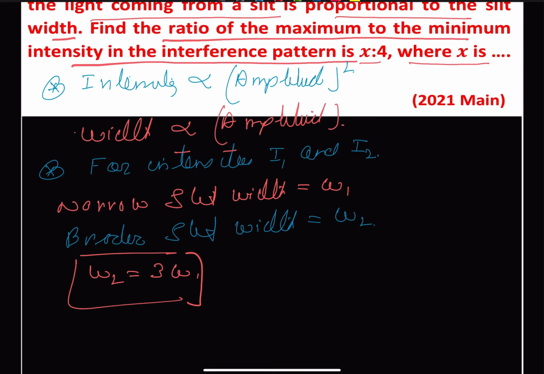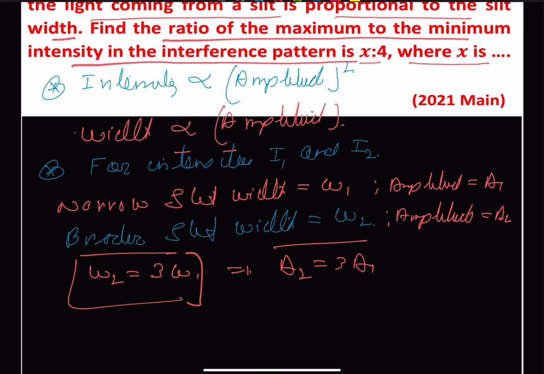And here the amplitudes, let us suppose, are given as A1 and A2. Therefore we can write that A2 is equal to 3 times A1.